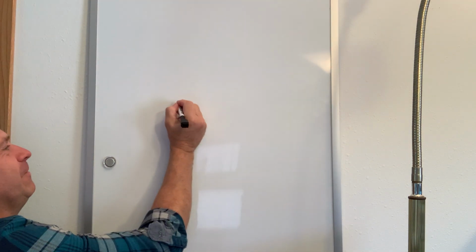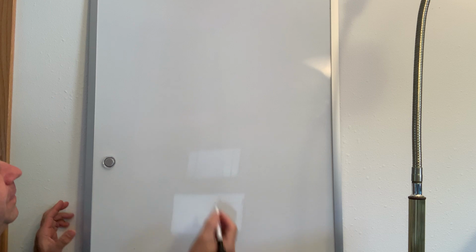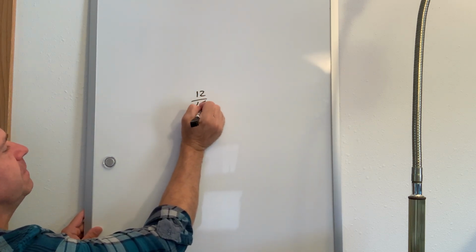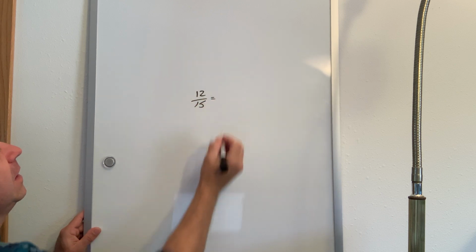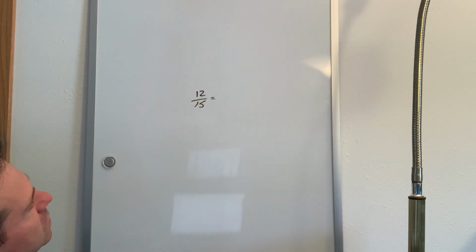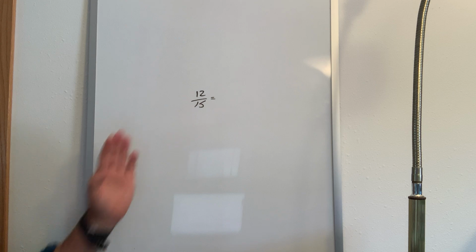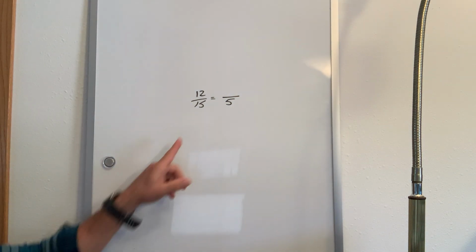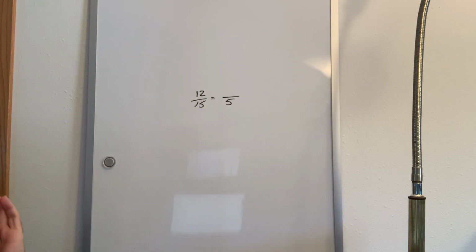So on this one, if we had something like the other way around, let's do 12/15. I want to go from 12/15 to 4/5.